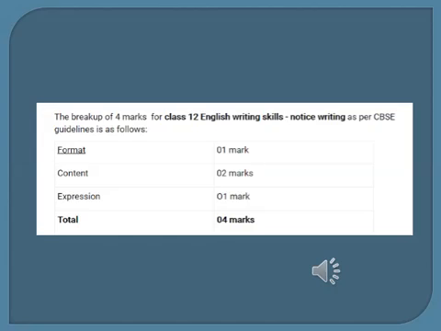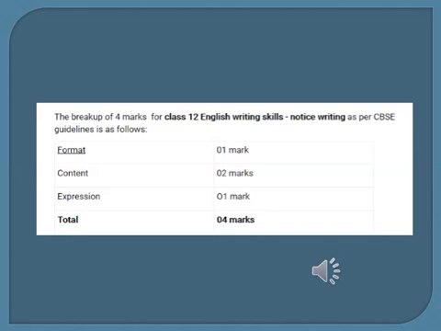So 4 marks are allotted for notice writing. 1 mark is allotted for format. Name of the institution, then notice, date, how you write the date, then content, and then at the end you have to write who is issuing it. So the issuing authority should come at the end. That format is very important.